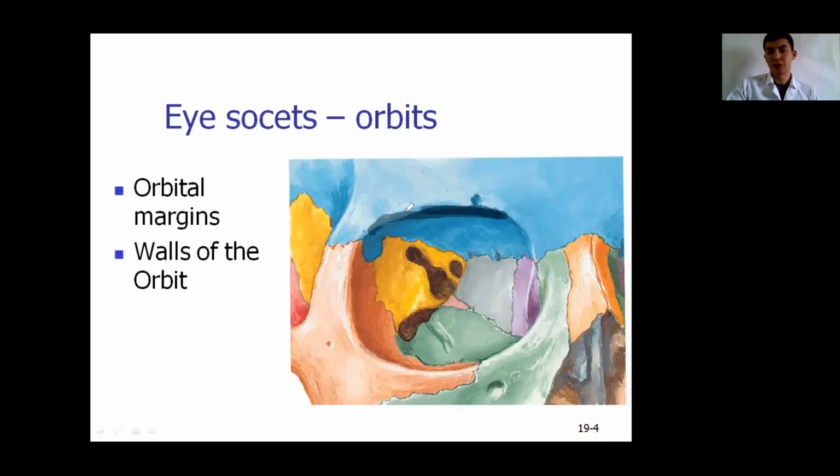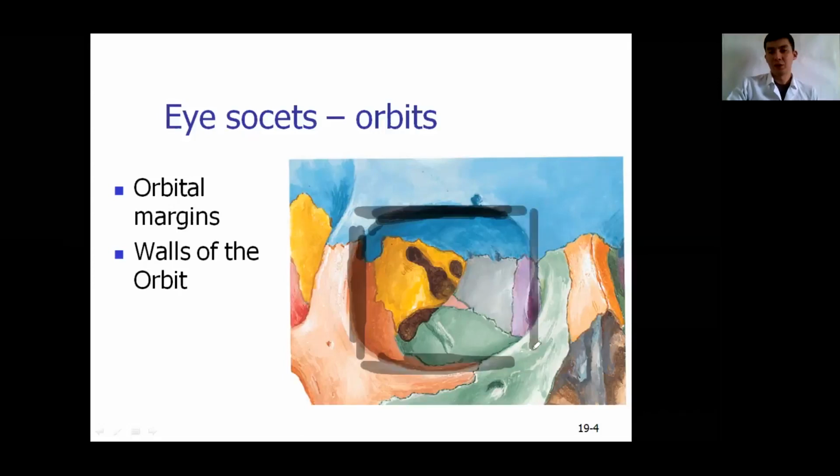We can distinguish here the superior margin, lateral margin, inferior margin, medial margin. The superior margin is formed by the supraorbital margin of the frontal bone. The medial margin is formed by the frontal process of the maxilla.